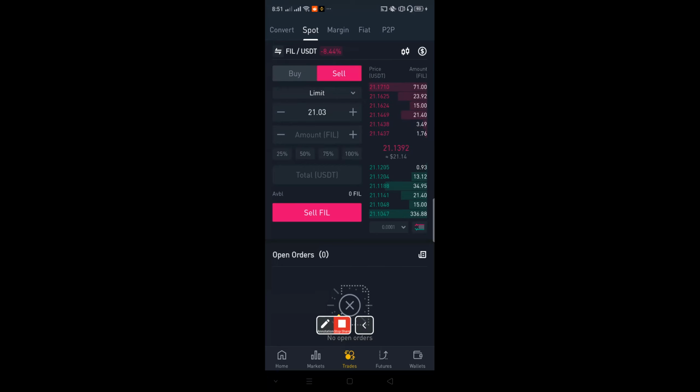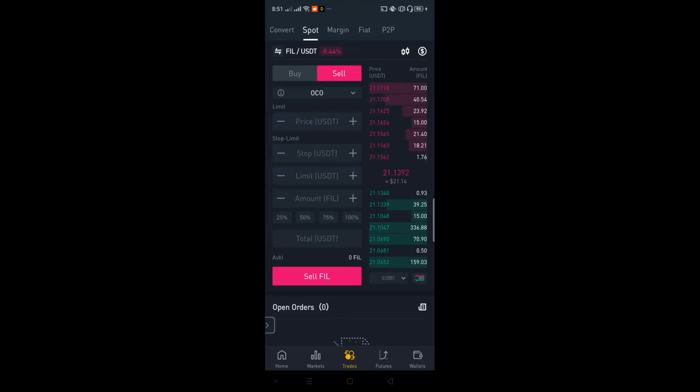Once you click on this sell, you can now click the limit to get the OCO. Once you have the OCO, then you set up the price you are willing to sell, which is your take profit. Then stop is the stop loss. Now, the price you are seeing here, that is your take profit on spot.